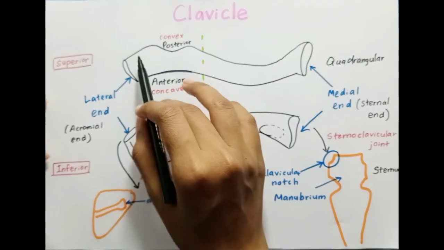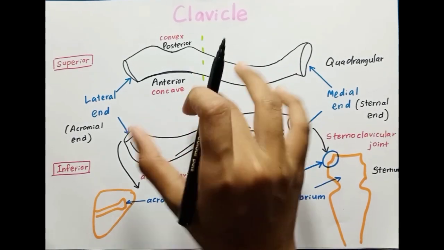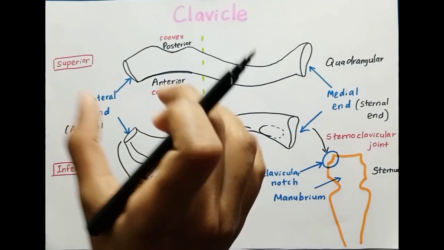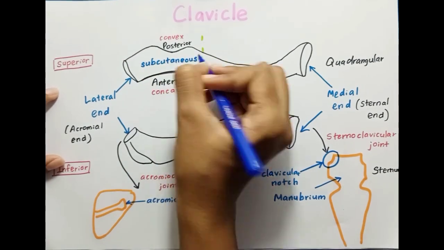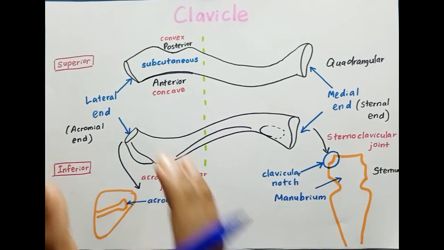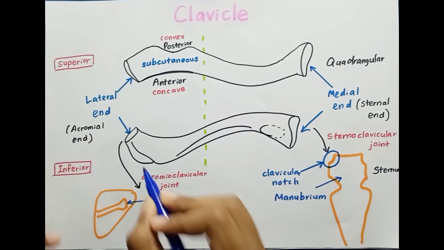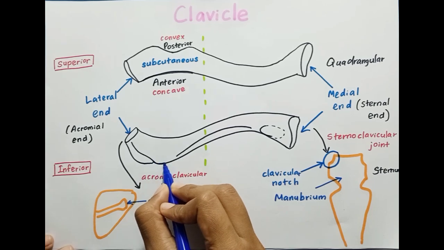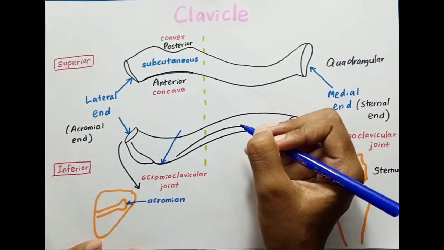And here the superior surface is subcutaneous. That means it is directly under the skin. It is subcutaneous. And in the inferior surface of this lateral part, there is an elevation and a ridge. Here you can see an elevation. It is called the conoid tubercle.